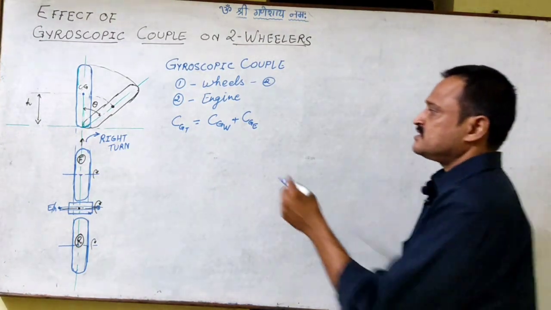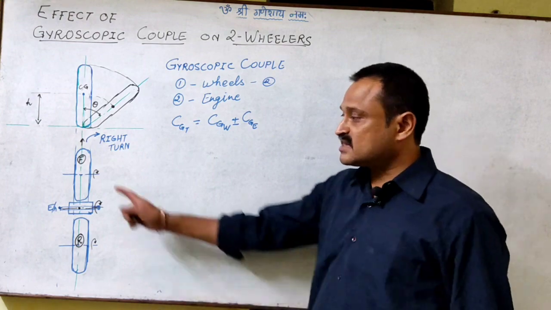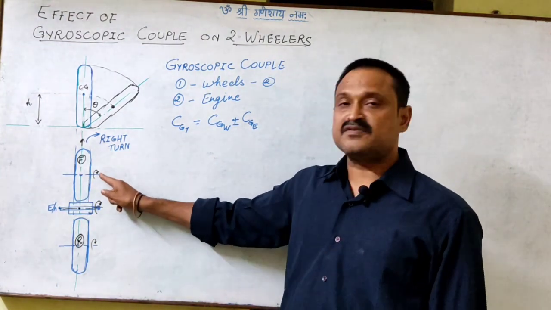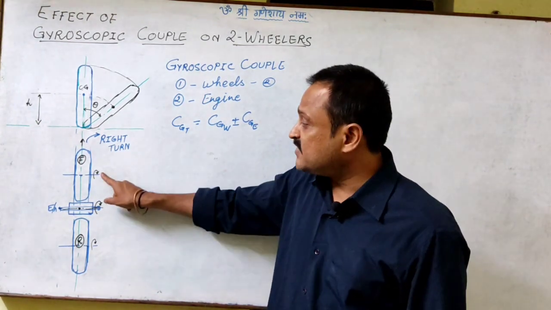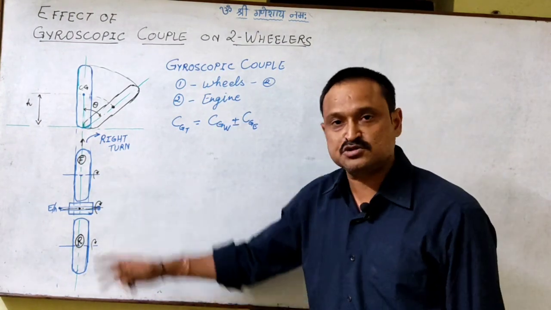Now the total couple will be plus or minus these two couples. When the sense of rotation of the spin axis of the wheel and the spin axis of the engine are the same, there will be the addition of these two couples.